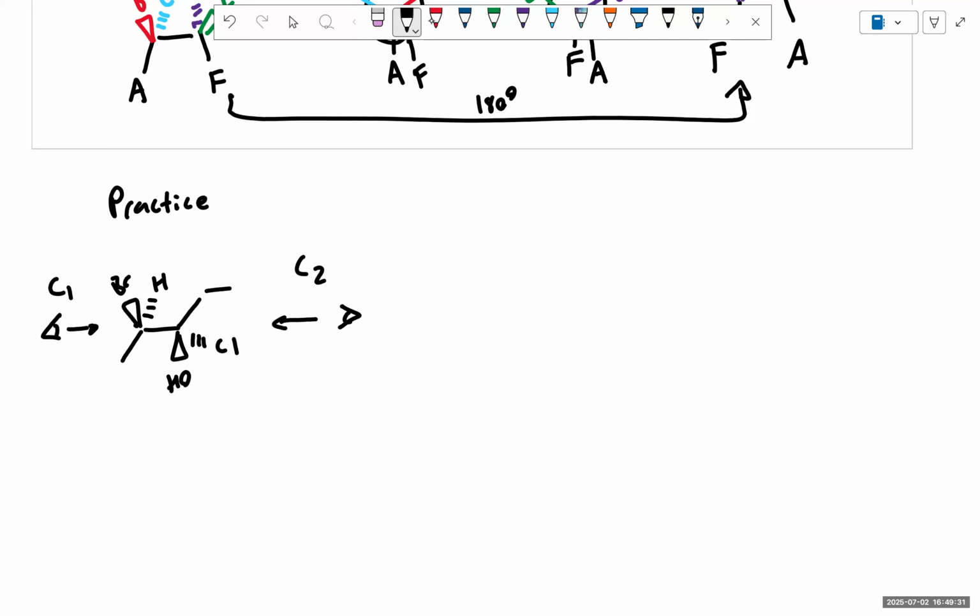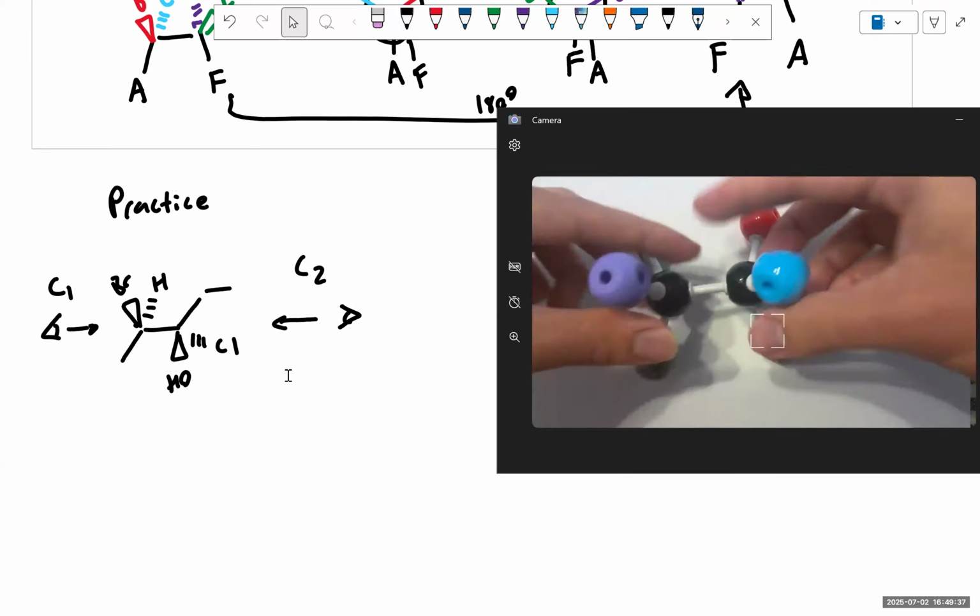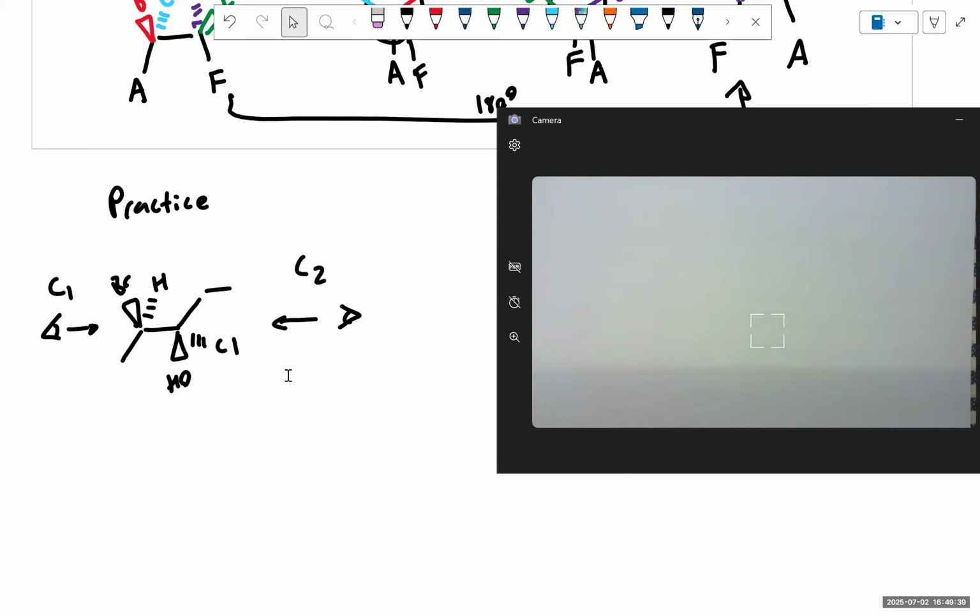So the first thing that I'm going to do is make a model of this Dash-Wedge structure. First things first, I need to get my ethyl group. So I have an ethyl group.